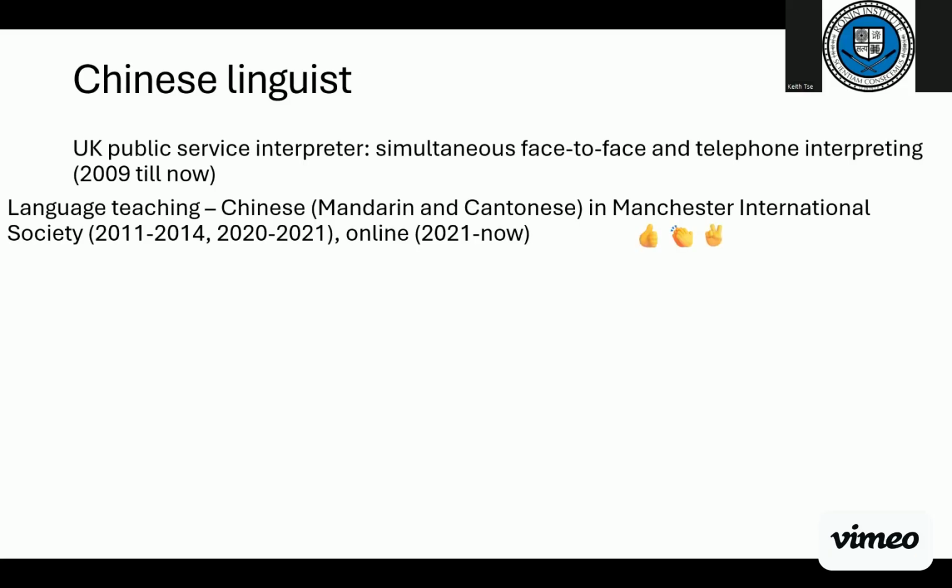So again, I'm very happy to be here back at Manchester, where I can tell you how it all began. So I started during my graduate career in 2011 to 2014, and then during COVID I also offered some teaching at the Manchester International Society.